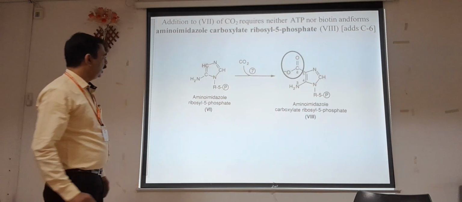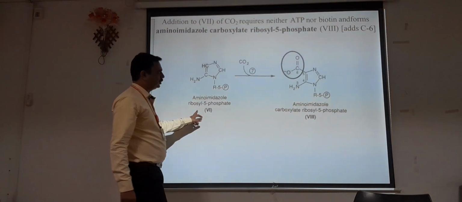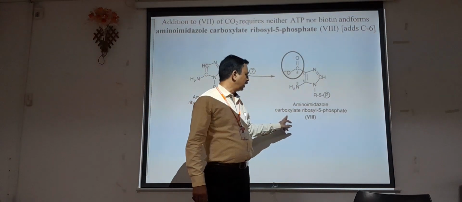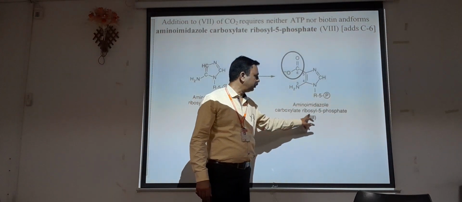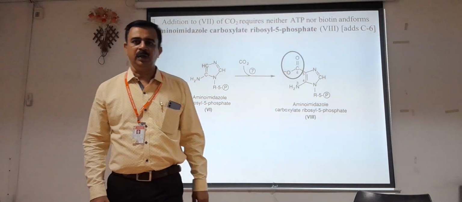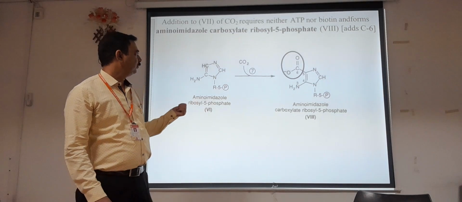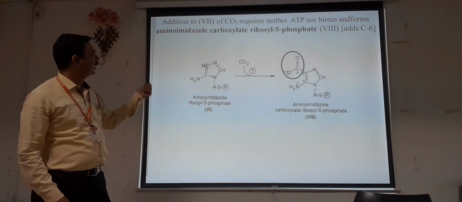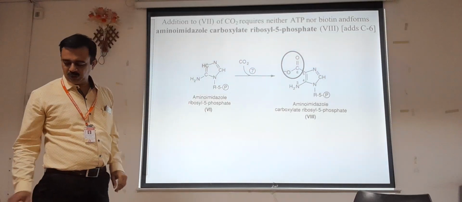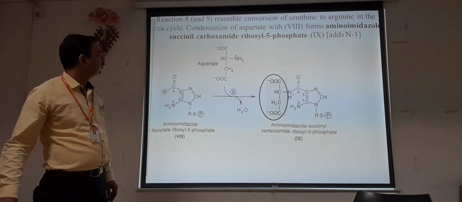Then aminoimidazole ribosyl 5-phosphate gets converted into aminoimidazole carboxylate ribosyl 5-phosphate. So this is another intermediate compound generated because of the reaction which is catalyzed.